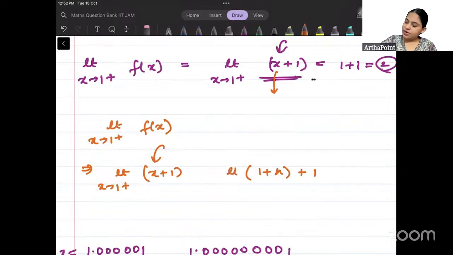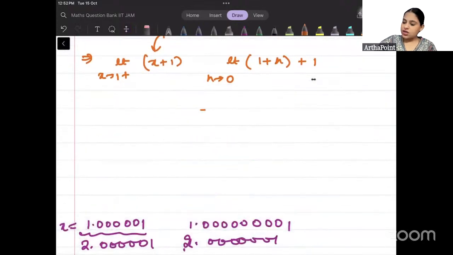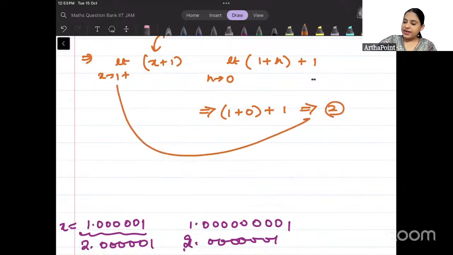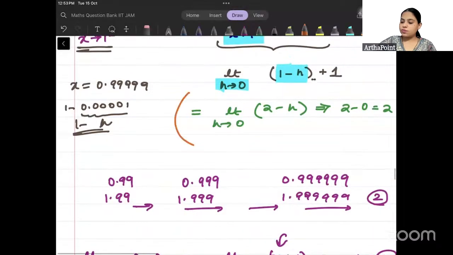And then I have limit h tends to 0. Right? And then we solve this and we get 1 plus 0 plus 1, and this also gives me 2. So the right-hand limit is also 2 and the left-hand limit is also 2. This is another way in which we show these kinds of questions, right?